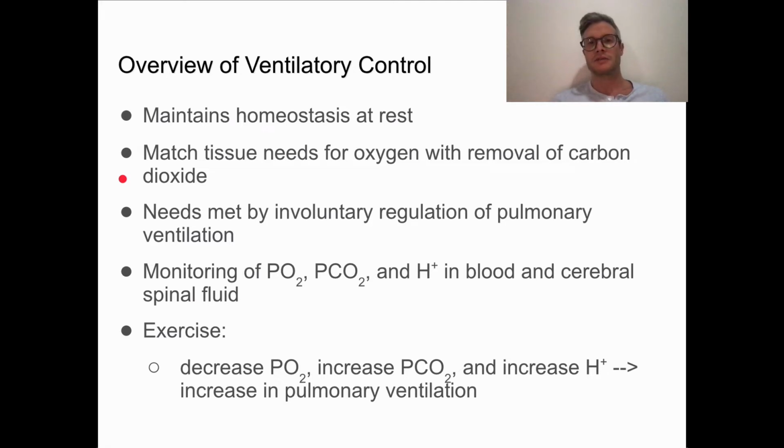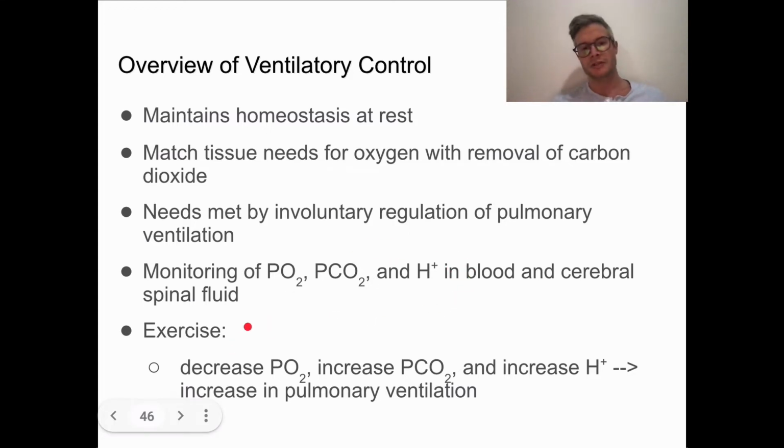There is this kind of innate monitoring of pressure of oxygen, so oxygen content, partial pressure of carbon dioxide, or the amount of carbon dioxide in our blood, as well as how many hydrogen protons are present. Another way of saying that is our pH levels, both in our blood and cerebral spinal fluid.